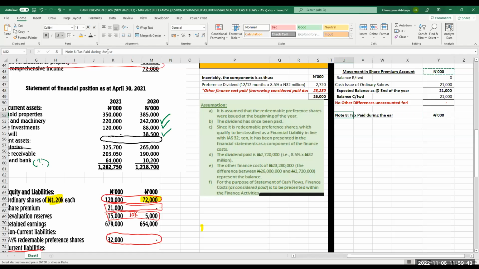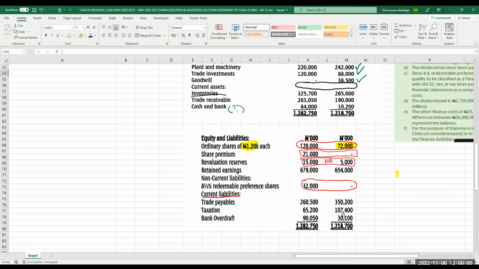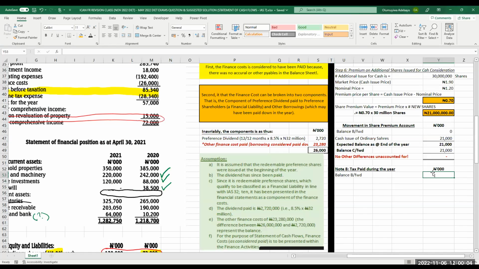I start with my balance brought forward. Balance brought forward for tax was 107,400.